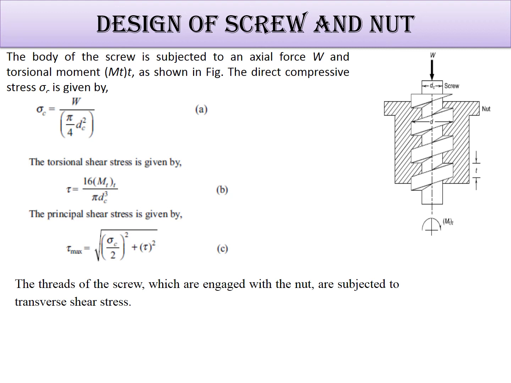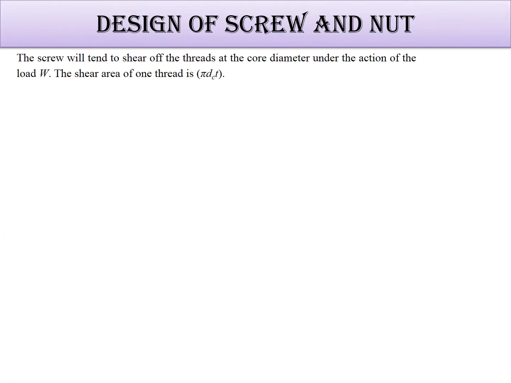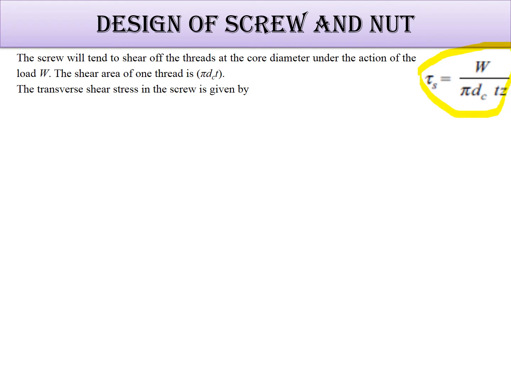The threads of the screw which are engaged with the nut are subjected to transverse shear stress. So the screw will tend to shear off the threads at the core diameter under the action of load. This equation helps us to find the transverse shear.